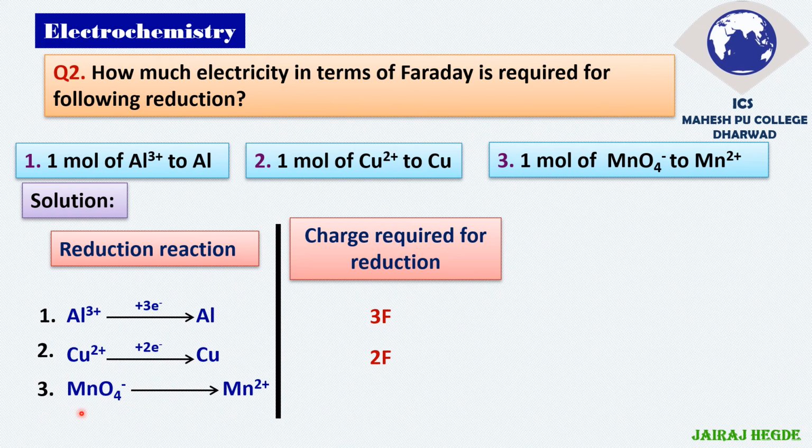That's why x is equal to +7. So the oxidation state of Mn changes from +7 to +2, so you require 5 electrons. That's why 5 farad of charge is required for the reduction.